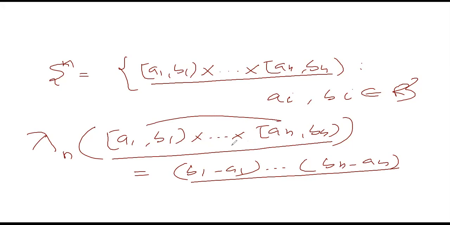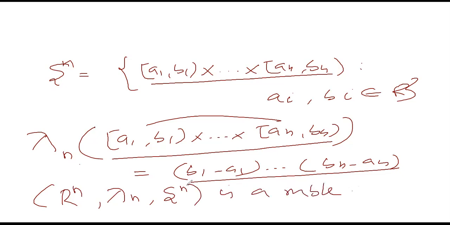We'll see that this set function on S_n is actually a measure, that is, R^n with lambda_n and S_n is a measure space. That we'll do in the next lecture, and we'll use the theory of integration on simple and step functions to prove this result. Thank you.